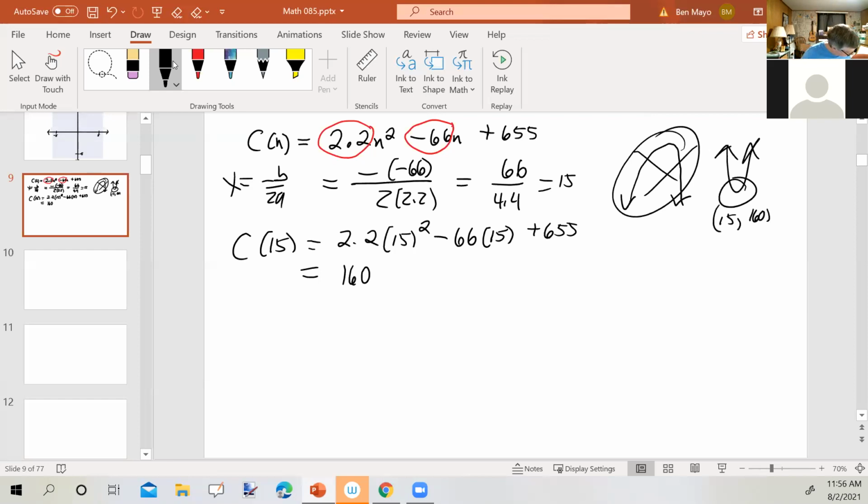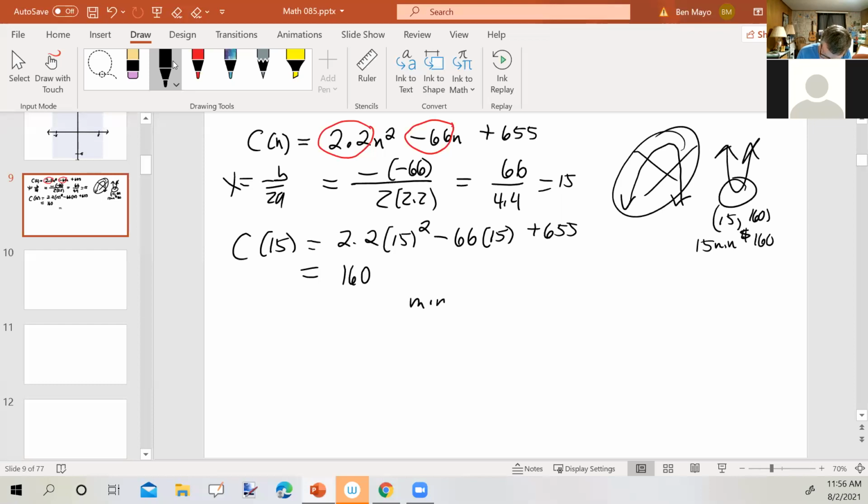But the question says, what is the minimum cost? Now, is the cost the input, n, or the output, C? The reason I'm asking that is because often we get the right information, but we give the wrong answer. Okay, 15 is minutes, and 160 is dollars. That's the cost.